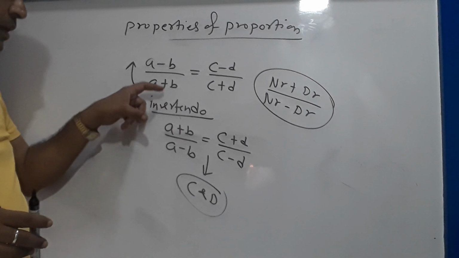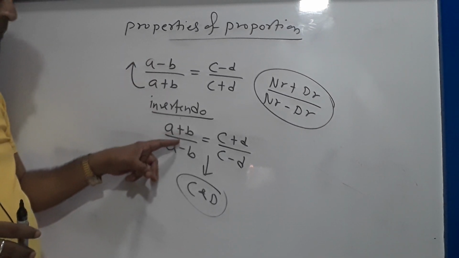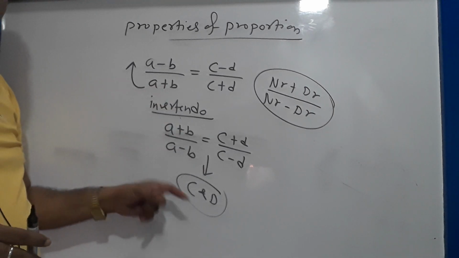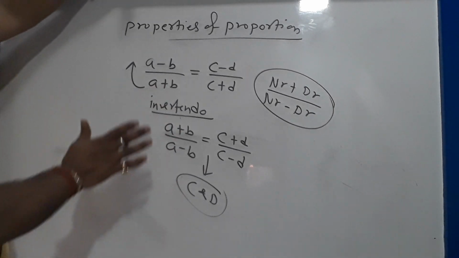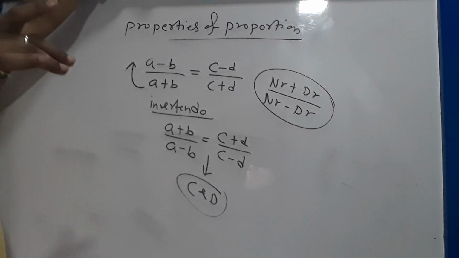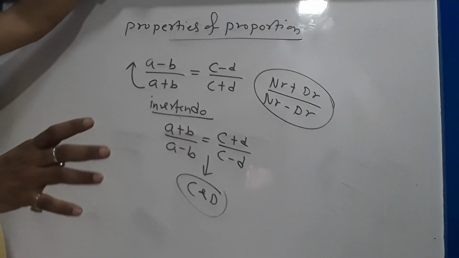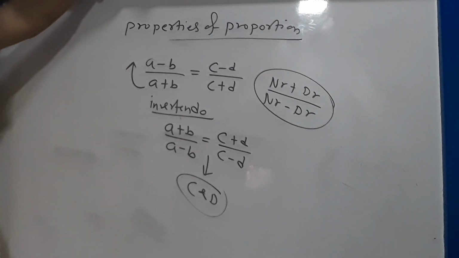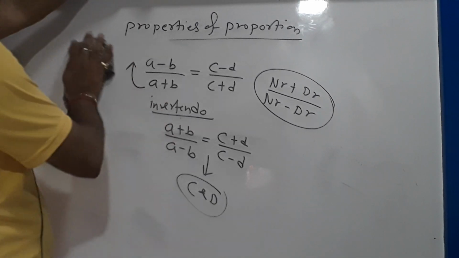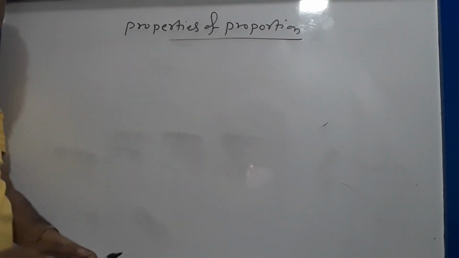By invertendo we bring the plus sign in the numerator and minus sign in the denominator, and then we apply the componendo dividendo rule. So take care of this. In the question, if you come across plus sign in the denominator and minus sign in the numerator, then you use invertendo, bring the plus sign in the numerator, and then apply componendo dividendo.